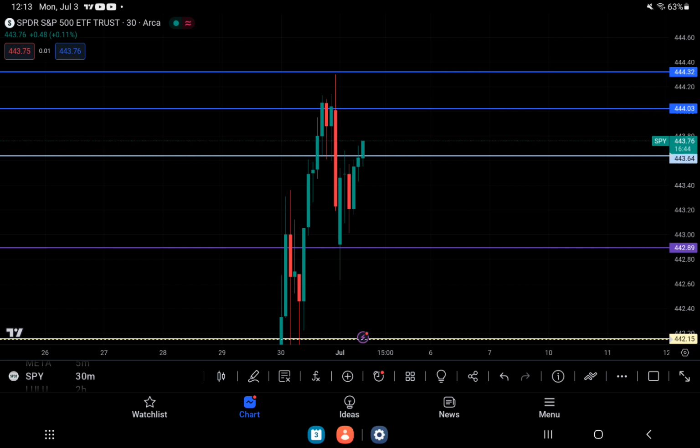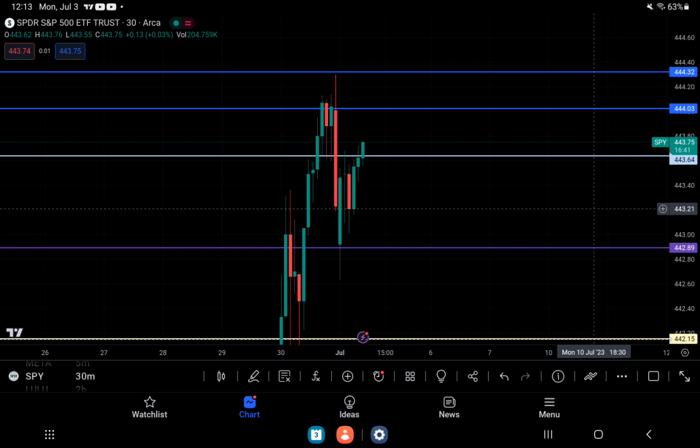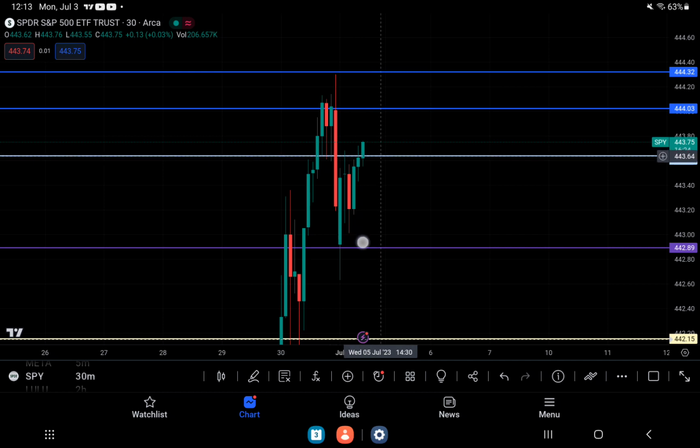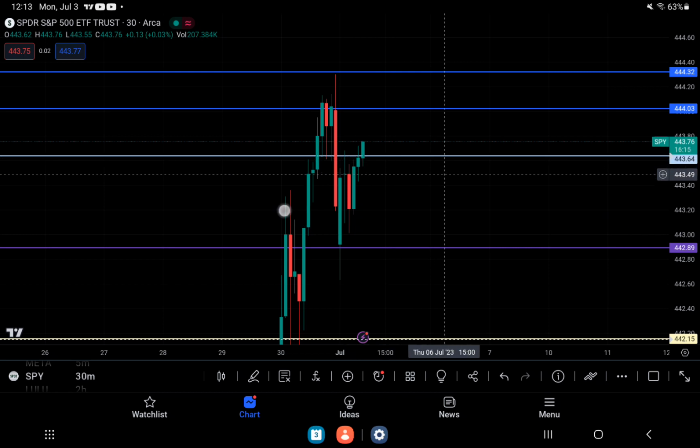If you got in right here on this red candlestick, 443.21 after that candlestick closed, and then if you got in at the beginning of this green candlestick, you rode it all the way up here. That's where I would have gotten out. And if I would have gotten more contracts, I would have left runners, just a few. But I missed that play.